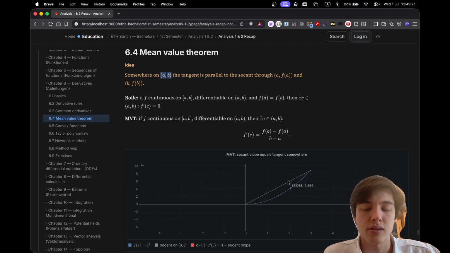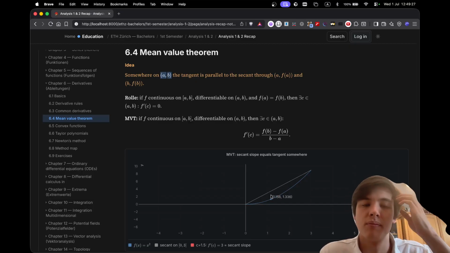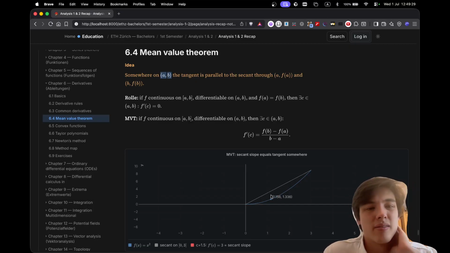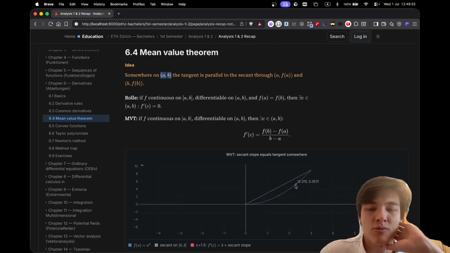But we can use this to estimate. So we see this is somewhere around here, the medium falling, because here it falls faster and slower than the medium.